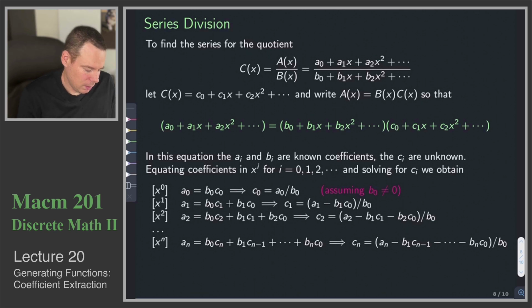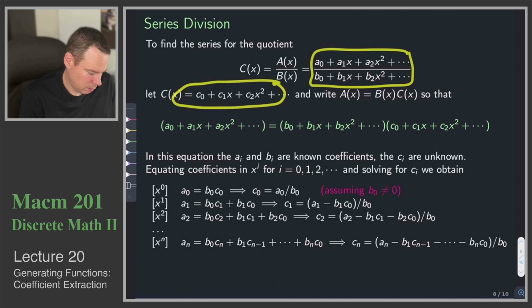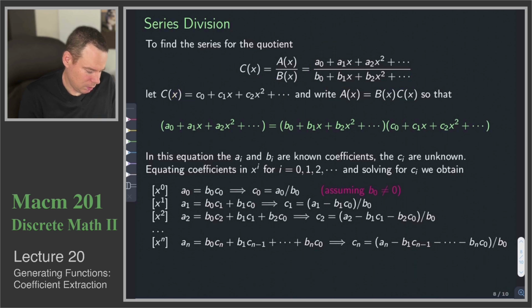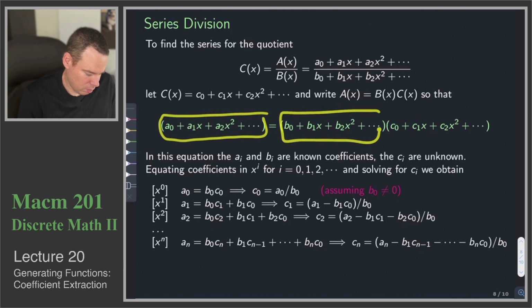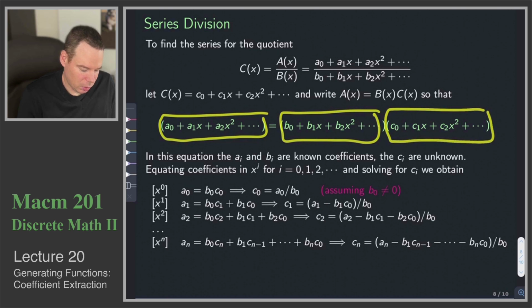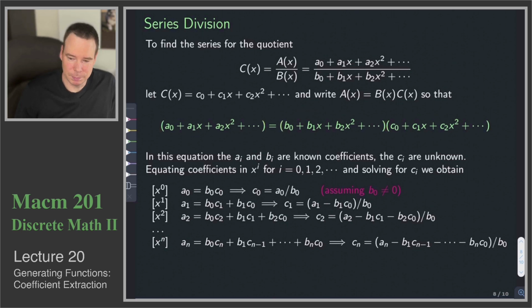If I want to write this as a power series, then what that really means is that the numerator is just the denominator times the series that I'm looking for. So I've written a division problem as a multiplication problem.